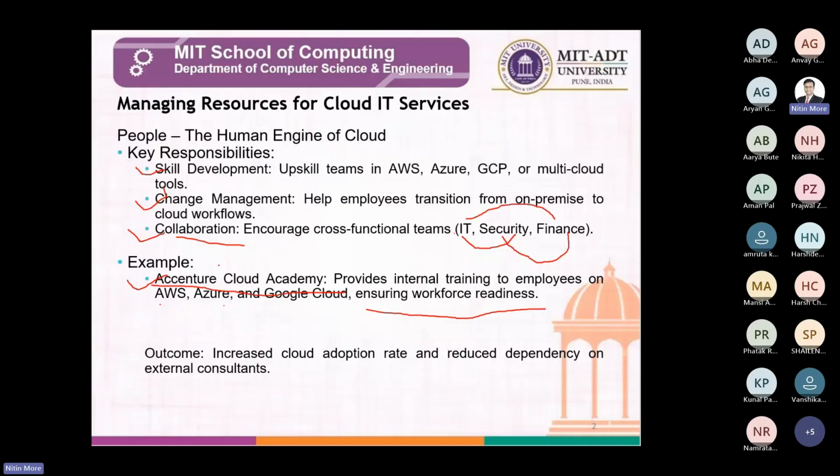Like that, every organization is trying to invest more in training their employees. So the outcome of all this will be an increased cloud adoption rate and reduced dependency on external consultants, because we have the people inside the organization who are already trained enough, who can handle all the emergencies related to the technology, related to the processes, right?